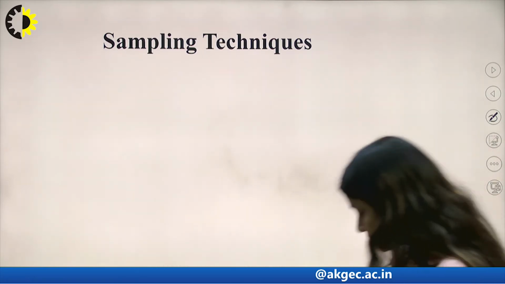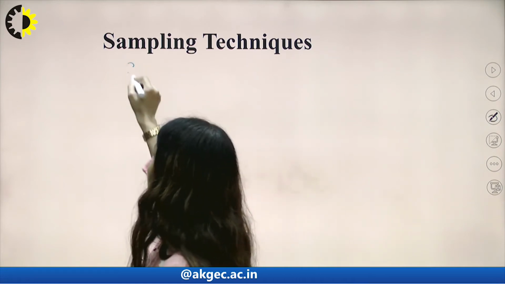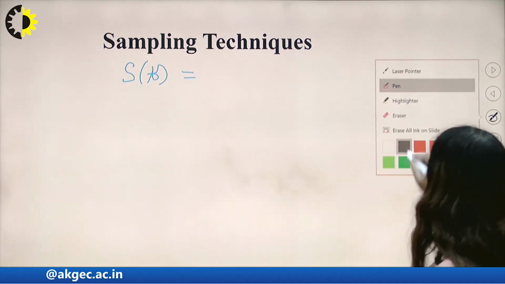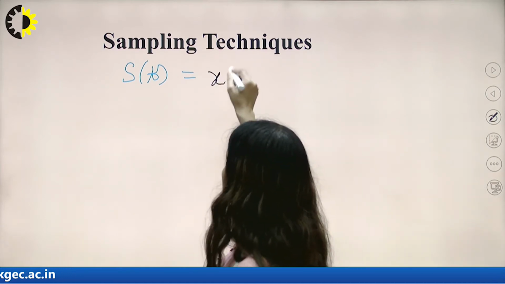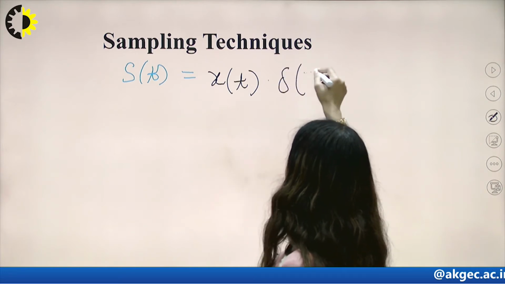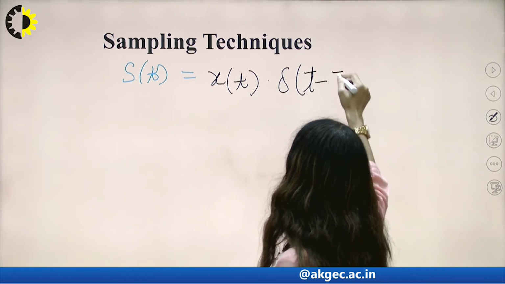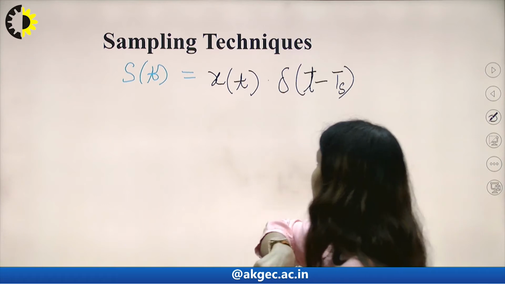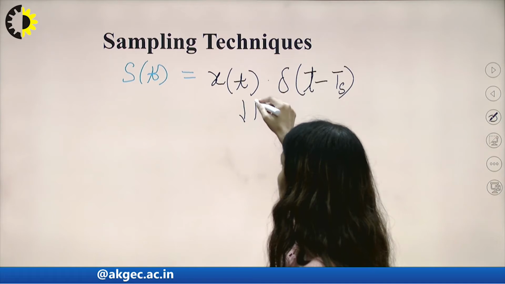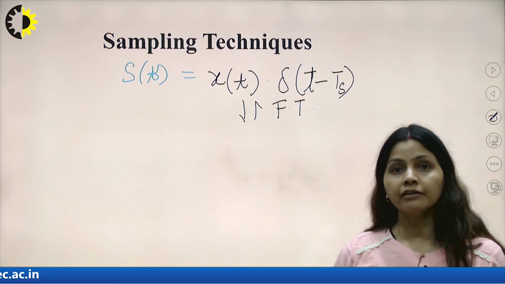I will again write that my sampled signal, let's say s(t), is equal to x(t) into delta of t minus nTs.